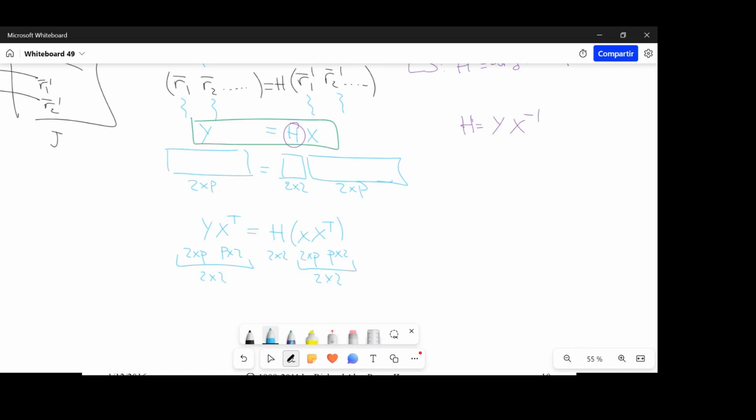And now we can invert this. Say H is equal to y x transpose, then x x transpose inverse. And we know this H is the H star.